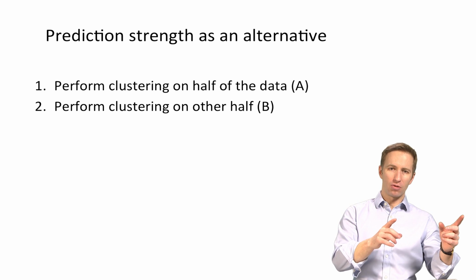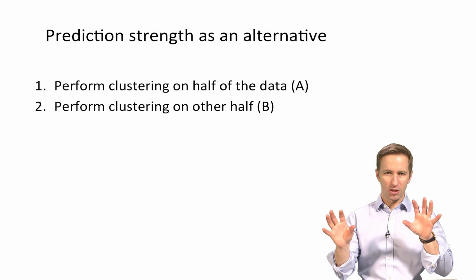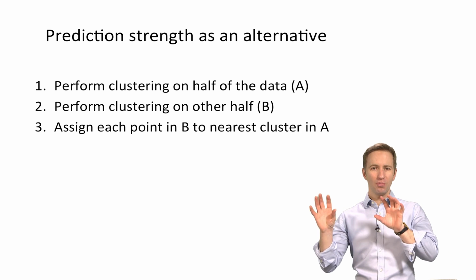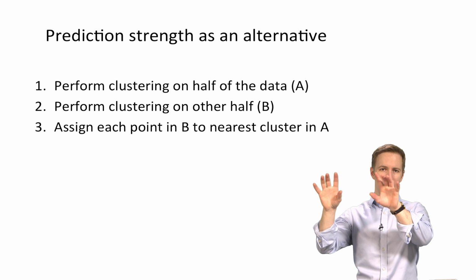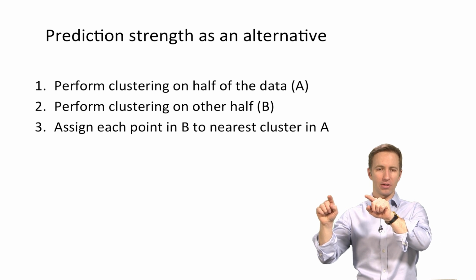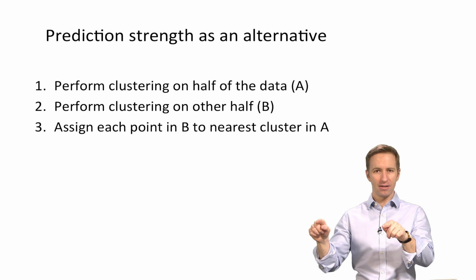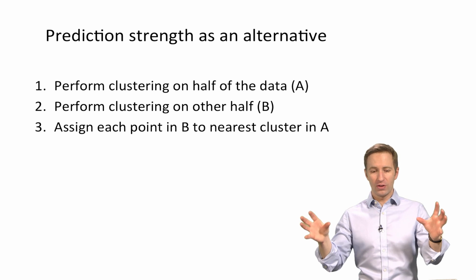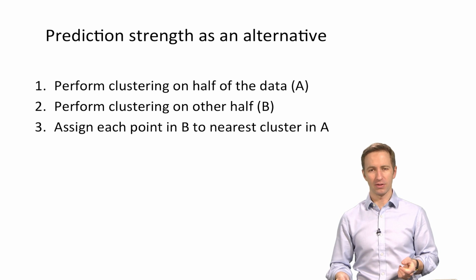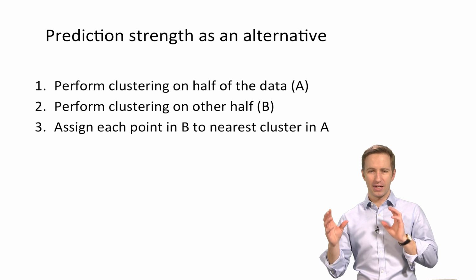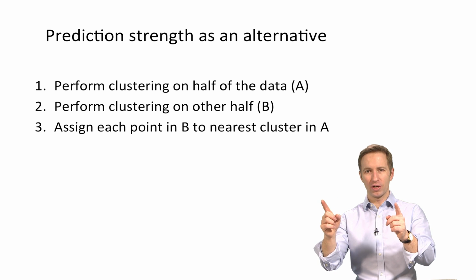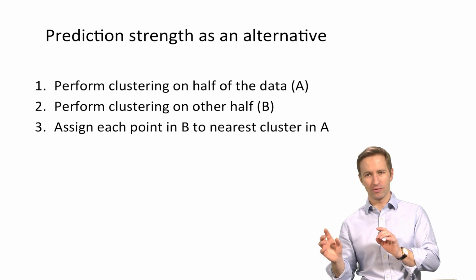Then separately, you cluster the other half of the data and see what clusters you get. Then for each point in the second half of the data, B, you assign it to the nearest cluster in A. All of this is premised on having a distance measure between all of the samples. So again, you assign each point in one half of the data to the closest cluster in the other half of the clustered data.